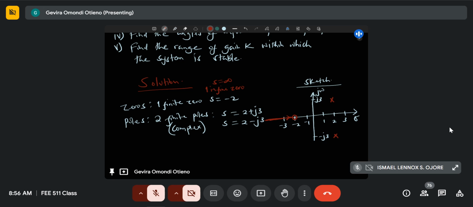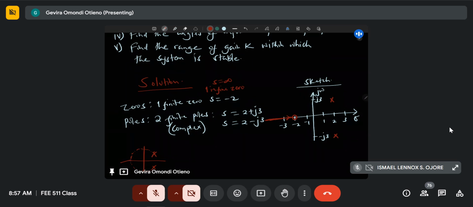They only travel in a straight line once they are on the real axis. What I mean is this: if you have 2 poles like this and this one moves like that, the other one moves in exactly the opposite manner, but they are conjugate, so they move together and symmetrically. You can see that.